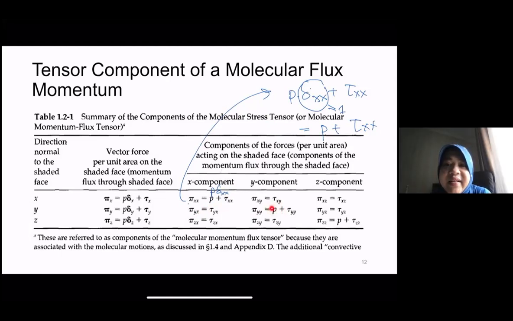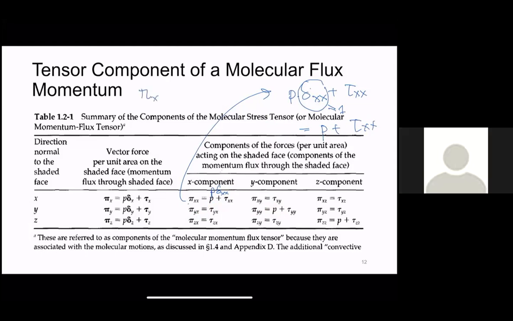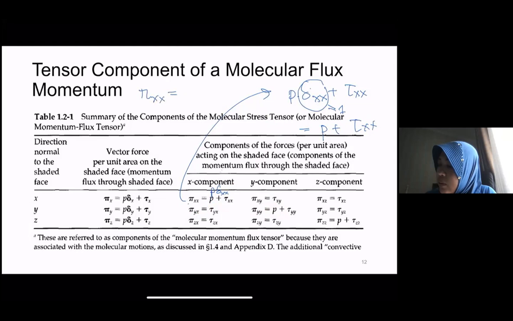Okay, so maybe I'll write it again. So this would be phi xx equal to P multiplied by Kronecker delta xx plus tau xx.